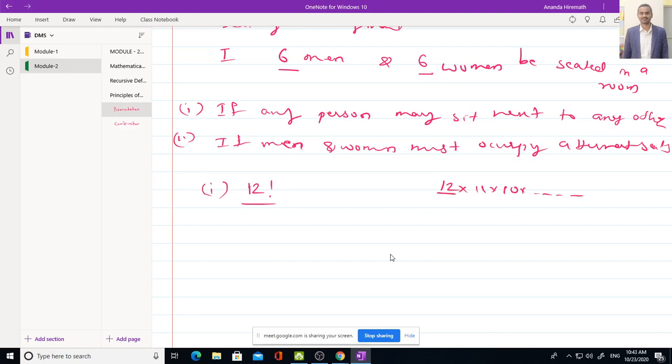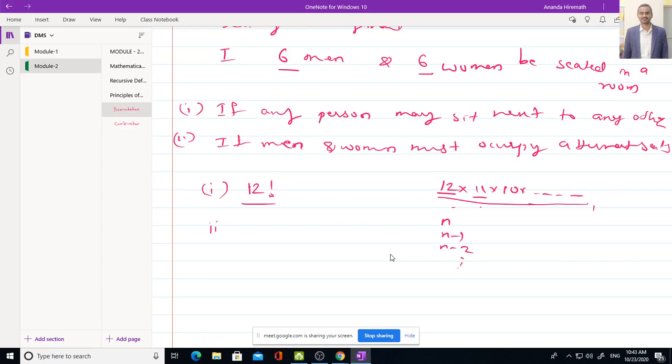Previously it was n choices, then n minus 1, n minus 2 and so on. Similarly here it is 12 into 11 into 10 into 9 and so on up to 1.